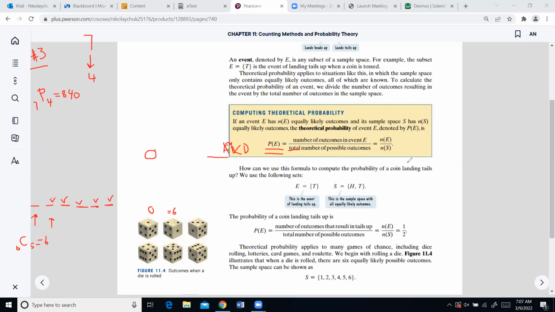And here's a nice picture, figure 11.4. So I can use it to give you a few examples of probability calculations. It looks like the total number of possibilities, if you just roll a little cube, they call it a die.